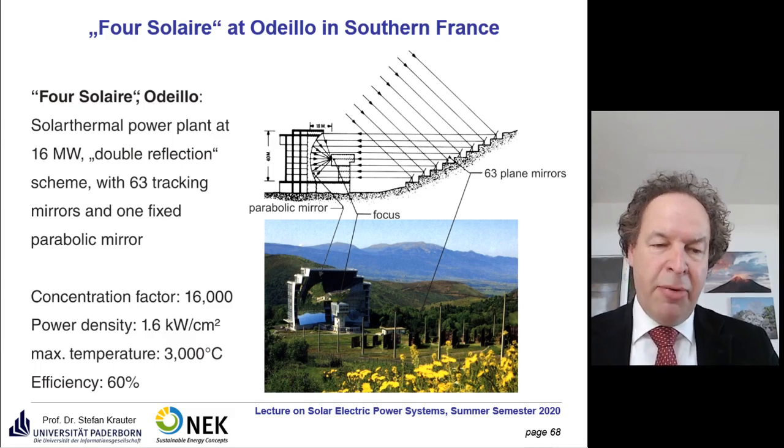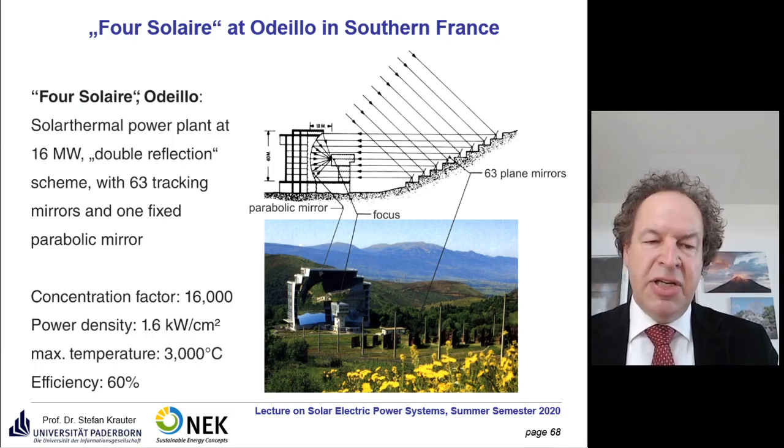That means you have a power density of 1.6 kilowatt per square centimeter, not per square meter, per square centimeter. That's really a lot. The maximum achieved temperature there was 3000 degrees Celsius, and efficiency was about 60%. It has been used in the beginning for producing steam and powering a steam generator.